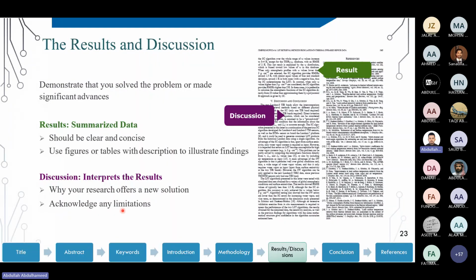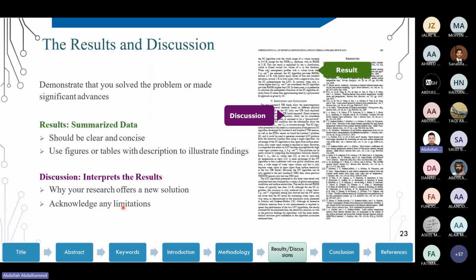And then acknowledge any limitation. This is also important, because sometimes maybe there are some things we did not include in the paper, or maybe in our results there is some shortage, like not perfect. So we need to be honest. You need to address limitations. For example, say I fabricate my sensor to detect hydrogen gas. Okay, good.